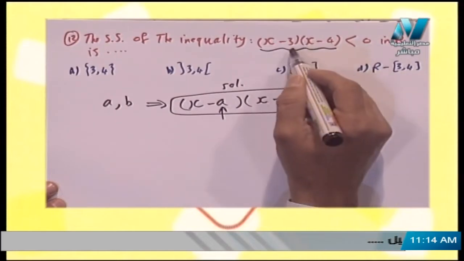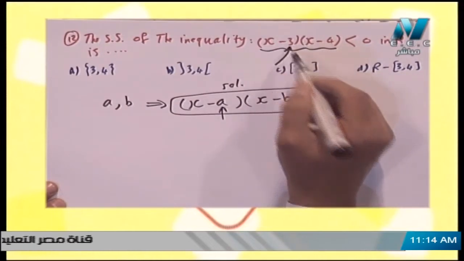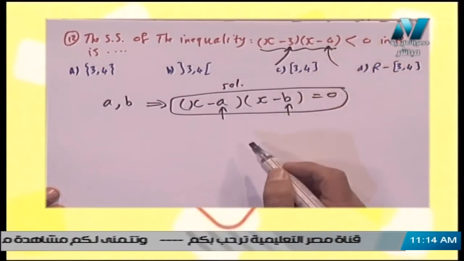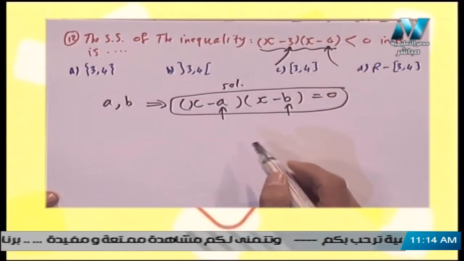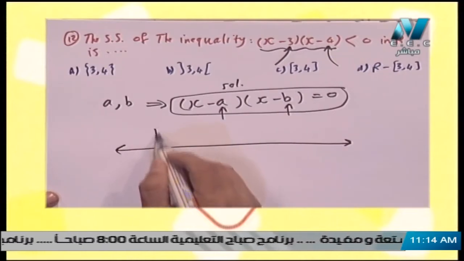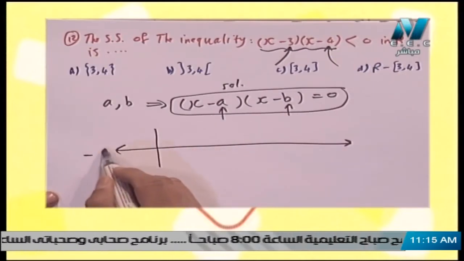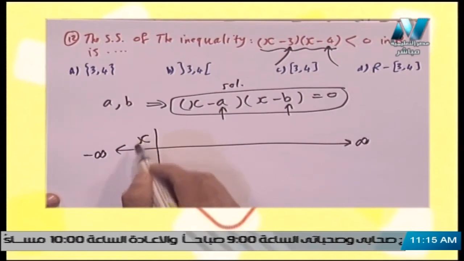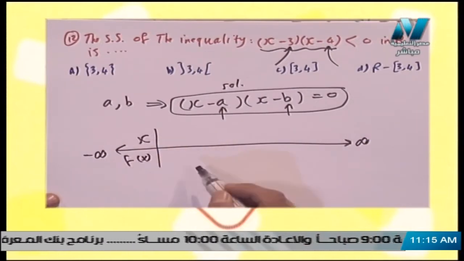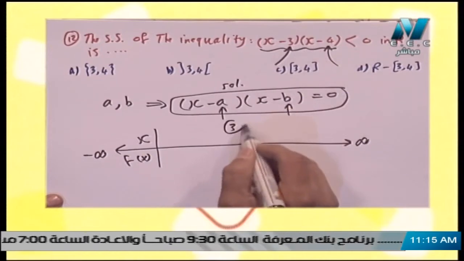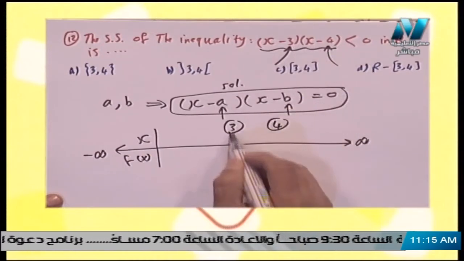So we can deduce now that we have the first root equal 3 and the second root equal 4, and we will start to draw the number line from negative infinity to infinity. This is x and f of x. We have here the two roots 3 and 4, so put 3 here and 4 here.